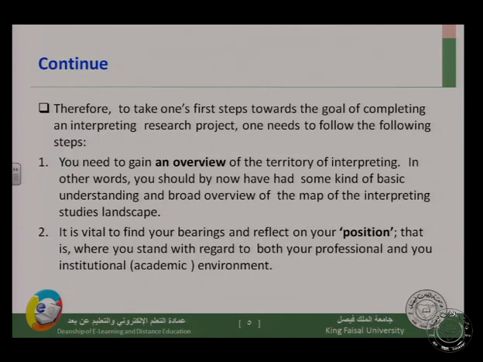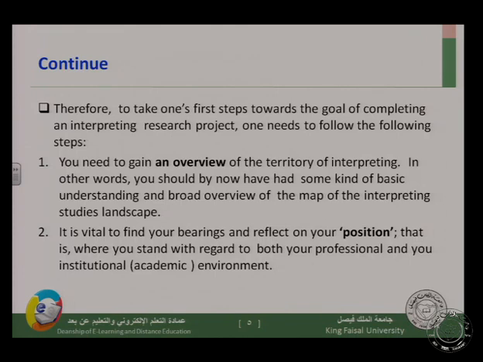Now, when you have this overview, this general idea of interpreting studies, then you say, okay, now I have some kind of understanding of what interpreting is about.